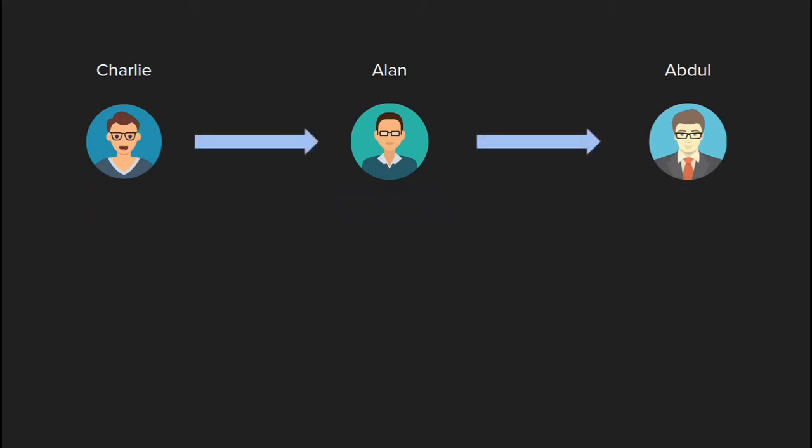So in the RxJava world, Charlie is playing the role of observable, who emits the data, who gives the data, who publishes the data. Alan is working as the operator, who modifies the data, and Abdul is playing the role of observer, who observes the data and takes the data. In our case, Charlie is giving the conversation in English, so that works as the observable.